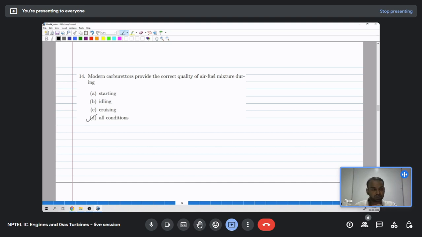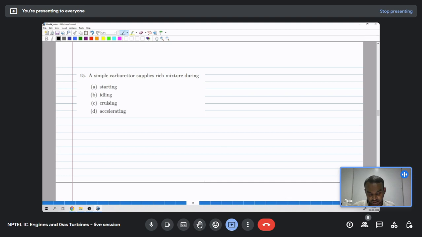There are different mechanisms to tackle individual conditions. During cruising, the mixture has to become lean. During idling and starting, the mixture should become rich. So compared to a simple carburetor, there are different mechanisms to address these issues, and that is how we get the correct fuel air quantity for all the conditions.